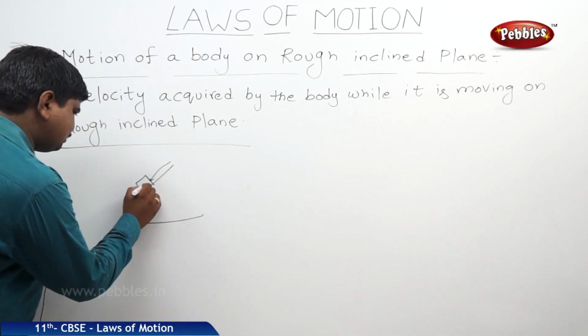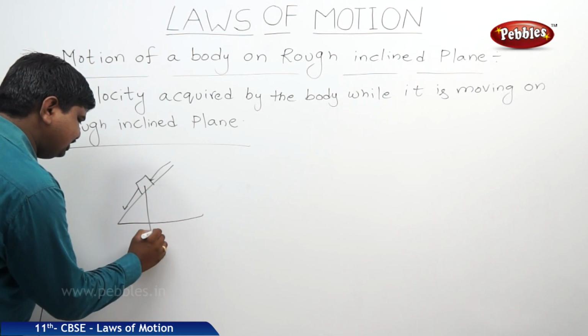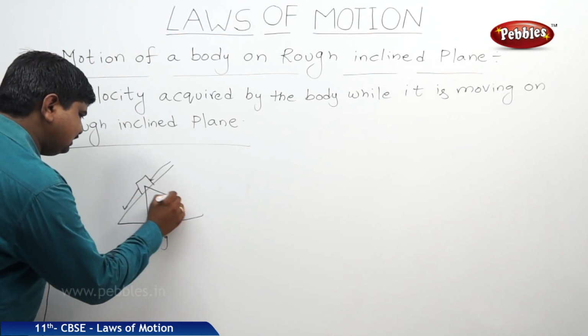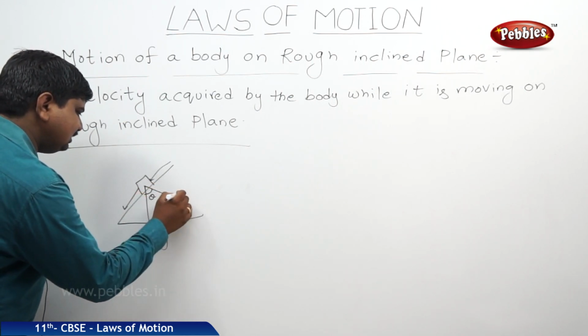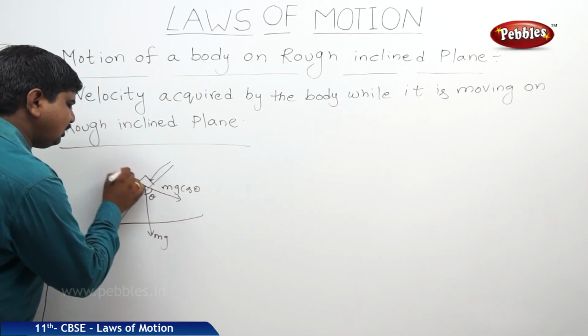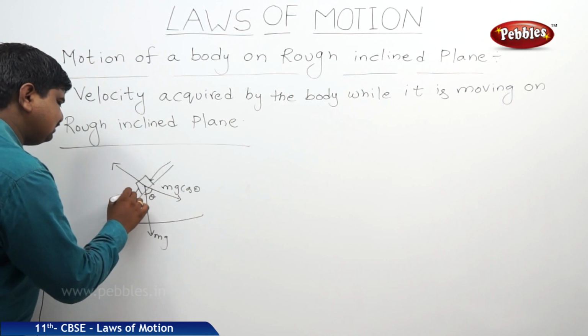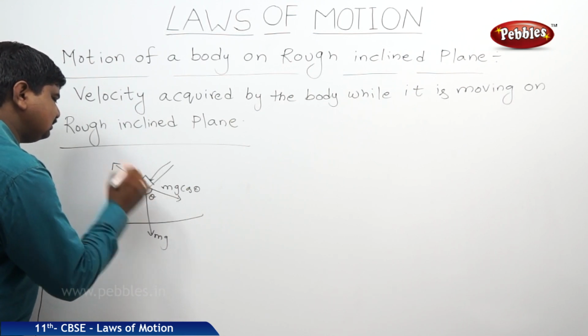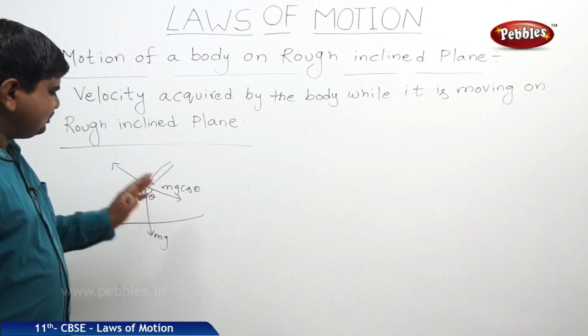So we know the force components. This is mg, and this is mg cos theta, which is identical to the normal of the body, and this is mg sin theta. So these are the components of the force.